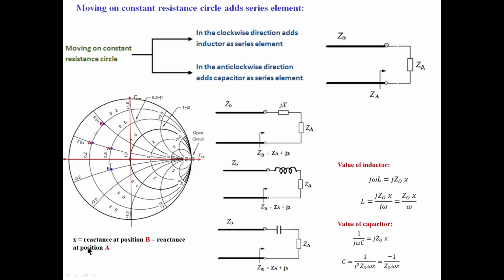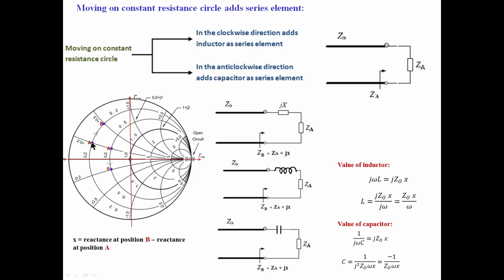If it is negative, you should take negative. Here it is positive, so plus 0.5 minus plus 0.2, that is 0.3 reactance value, that you substitute here. You will get the value of inductor added. That way you can come to know.